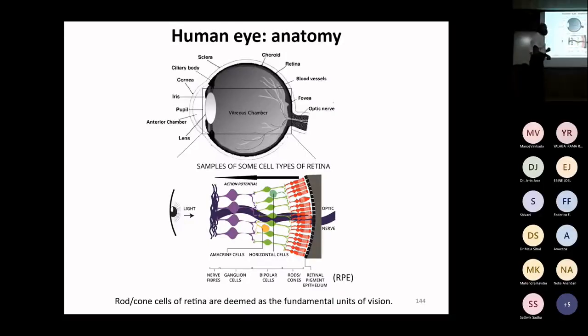They are supposed to be the structural functional unit of vision. They transduce light, and we have the signal from there. The architecture of the eye is such that there's a high amount of vascularization on this side of the retina as well as this side.